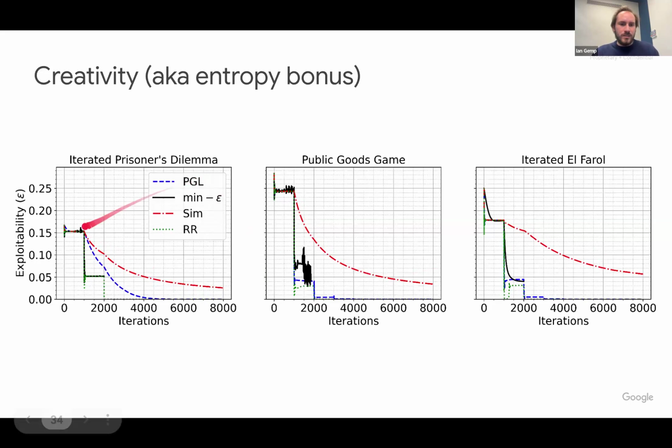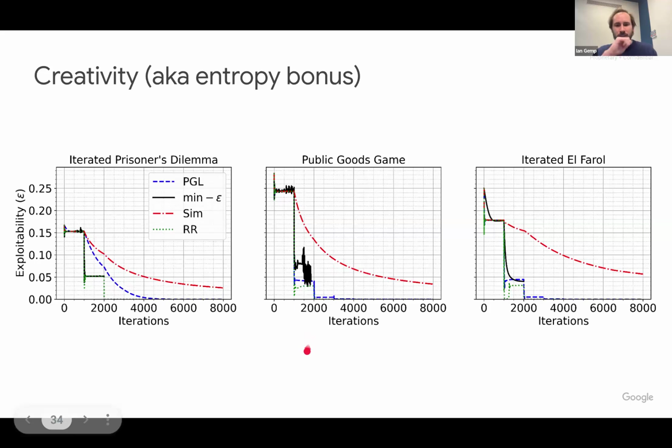Our algorithm is in blue, and it does get down to very low levels of exploitability in each of these settings. I think I actually have an updated plot of this where it tracks these other two as well. But directly minimizing exploitability does well until it hits around 2,000 iterations in each of these cases.